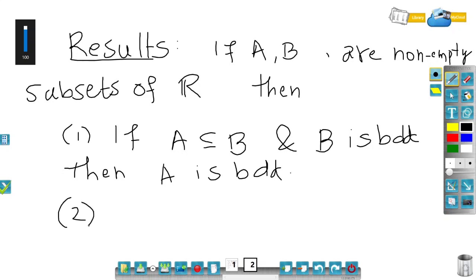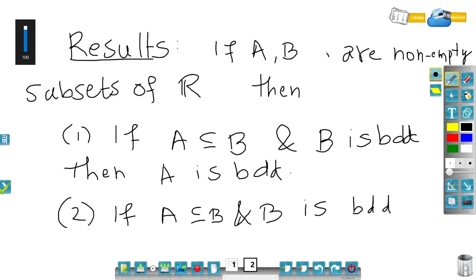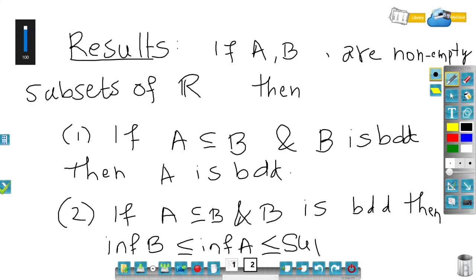Second property which I am supposed to prove: if A is a subset of B and B is bounded, then infimum of B is less than or equal to infimum of A, which is less than or equal to supremum of A, which is less than or equal to supremum of B. The result number 2 is very interesting.